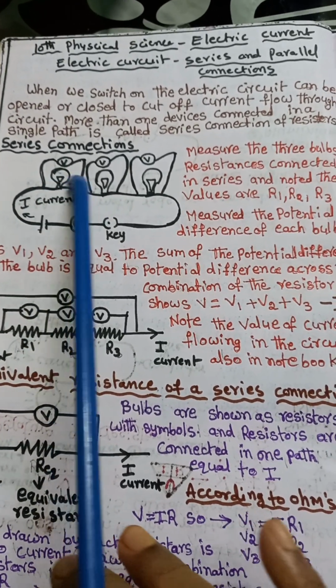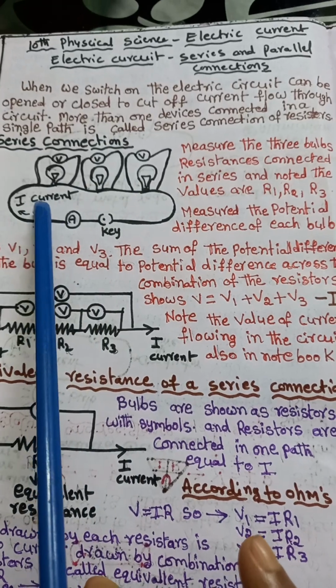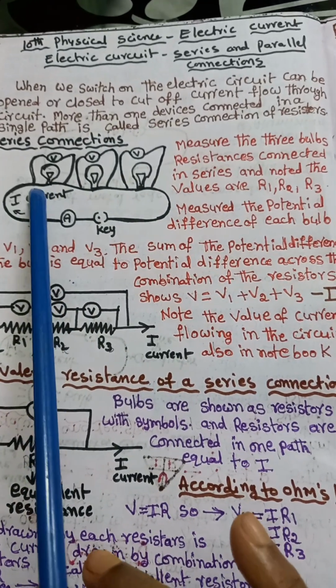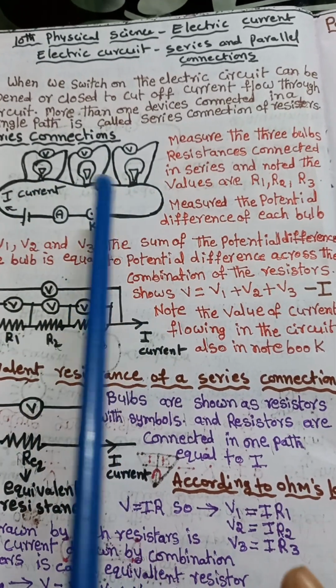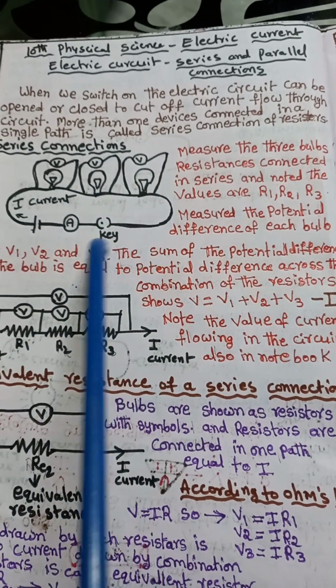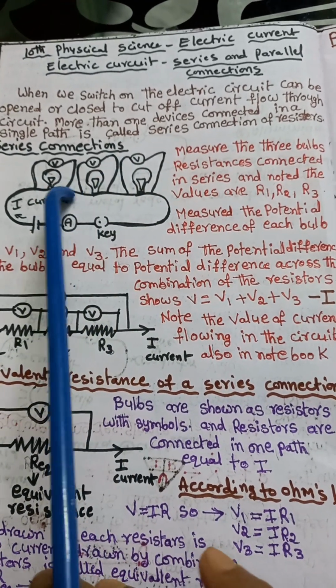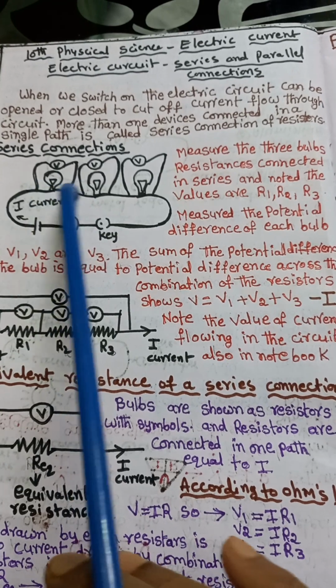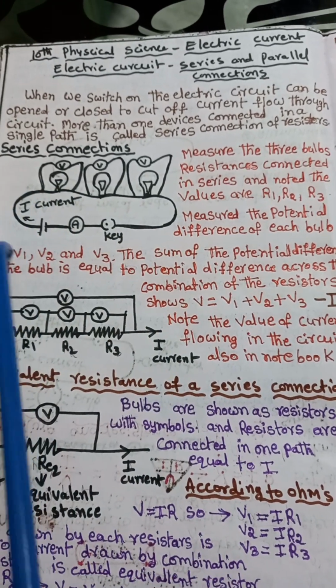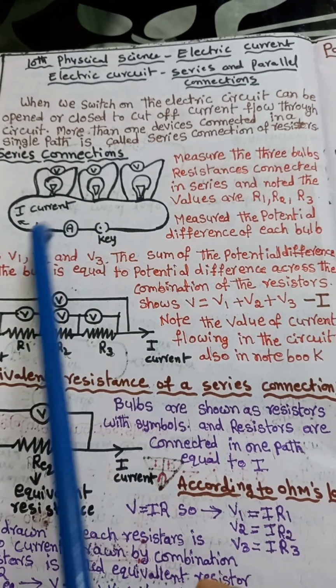These three lights are connected one by one, and the bulbs are connected with a conductor to the battery.